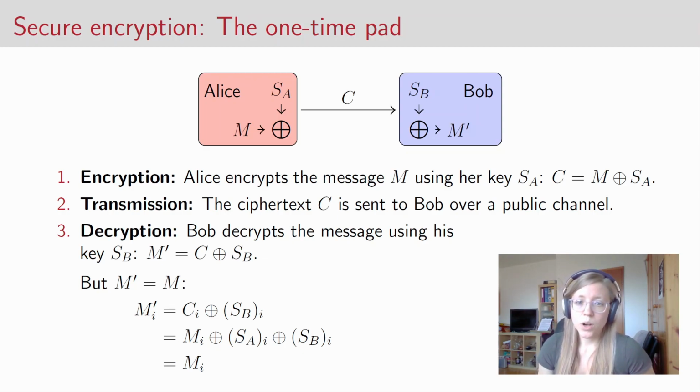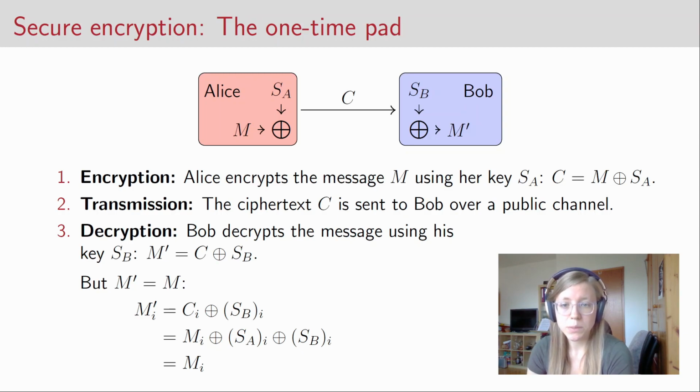And this ciphertext bit Ci was originally created by doing binary addition of the message bit Mi with Alice's key bit SAi.